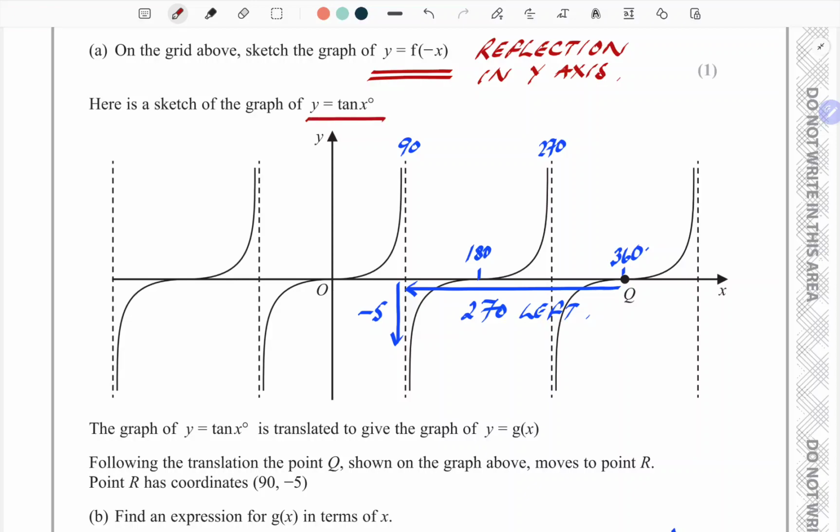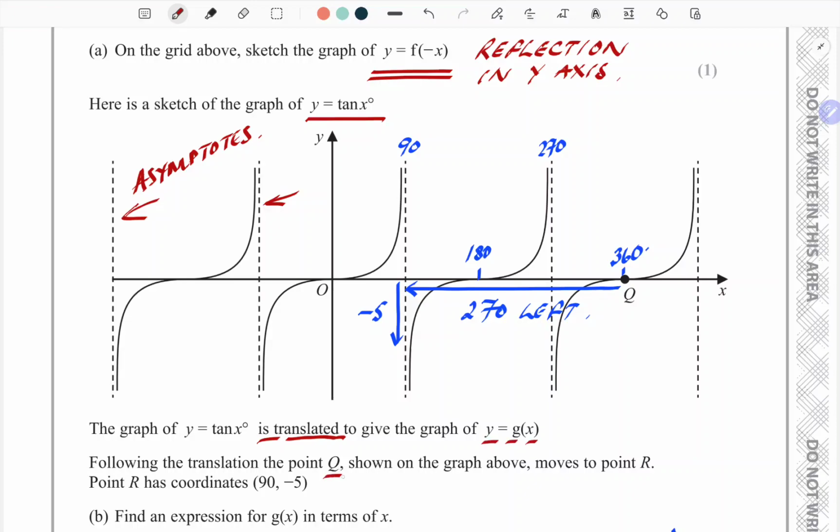God knows how many times I've told my students, make sure you know the trigonometric graphs, sine, cos, and tan, because you need to know them in order to label these lines here, the asymptotes. They've got a graph, it's translated. Remember, translation is moving something into a different position, which is y equals g of x.